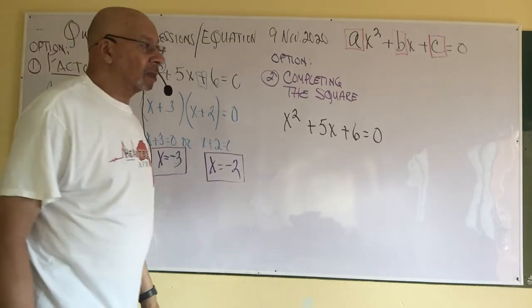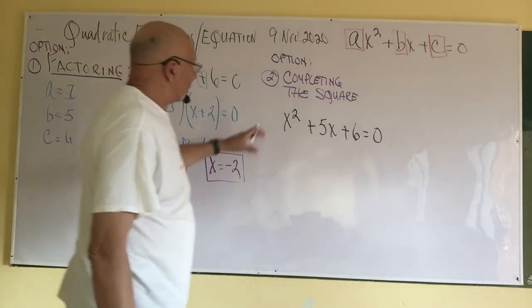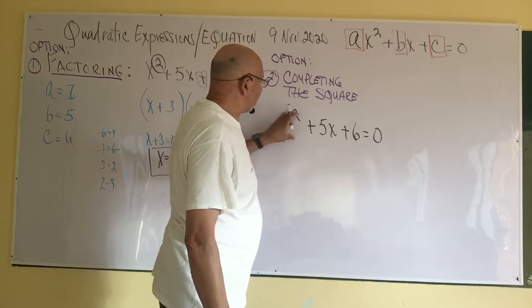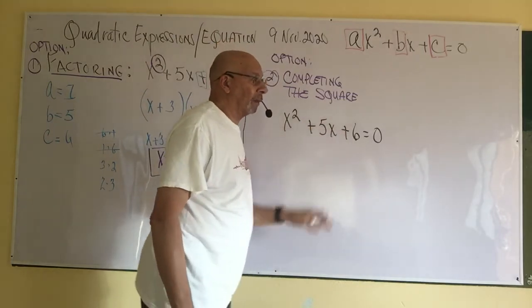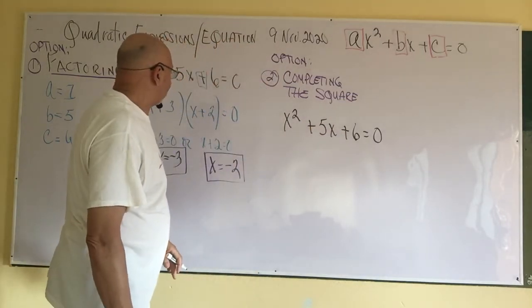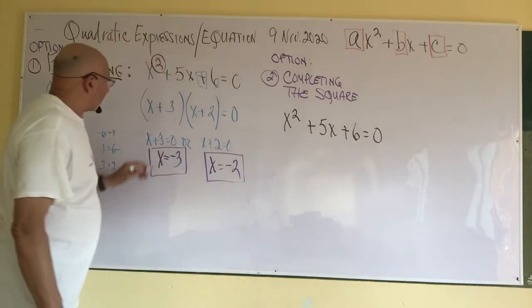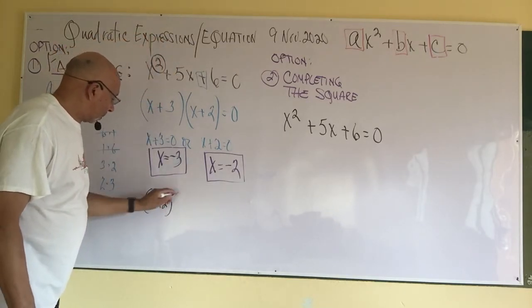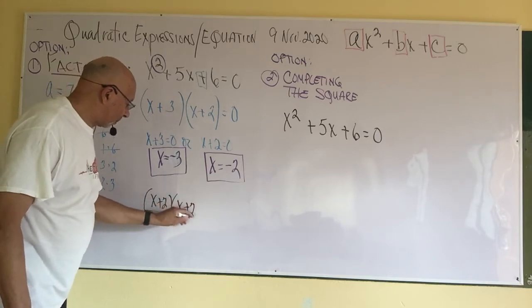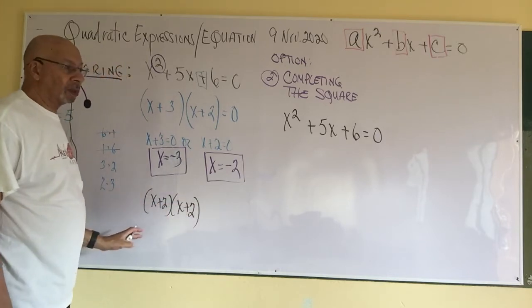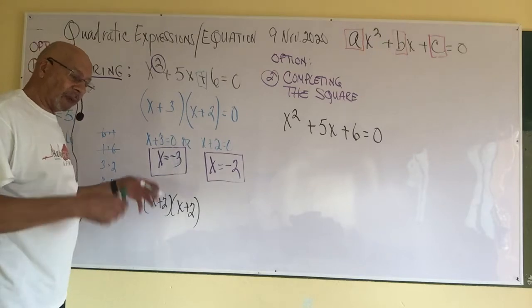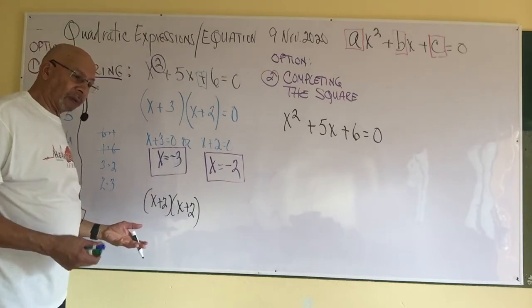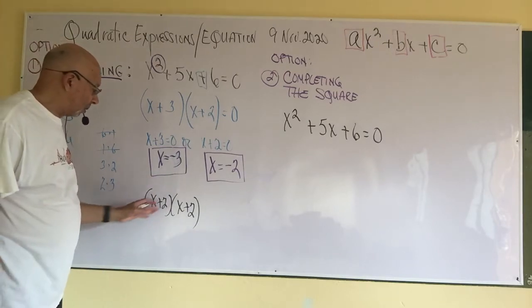So completing the square is really referring to a process where you're going to make a perfect square. And what does that mean, a perfect square? A perfect square would be x plus 2 times x plus 2, because the two terms are the same, and when you multiply them, you get a perfect square.